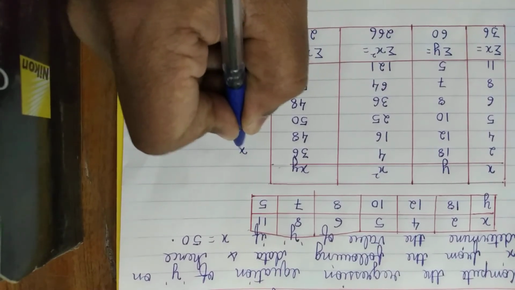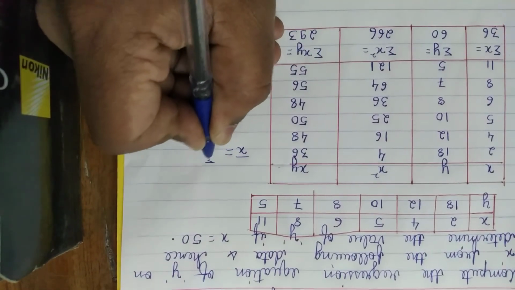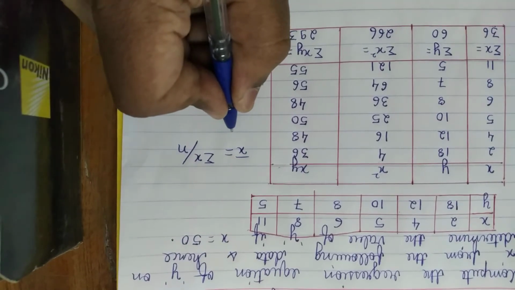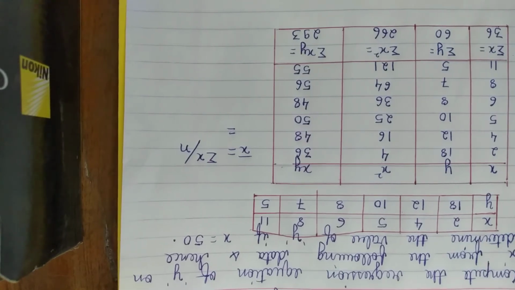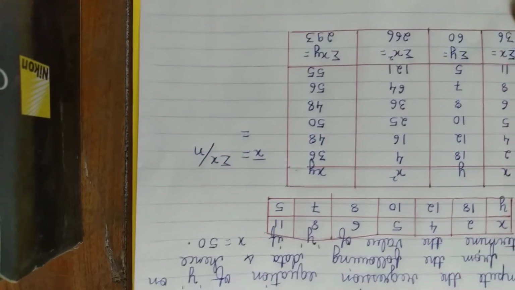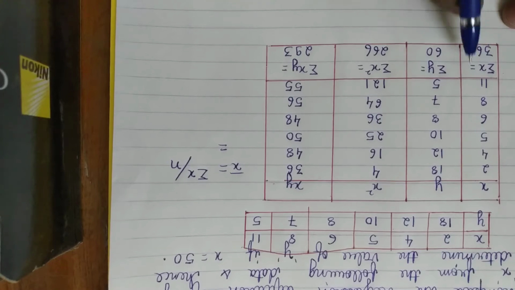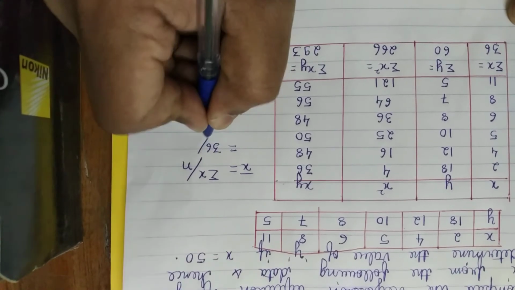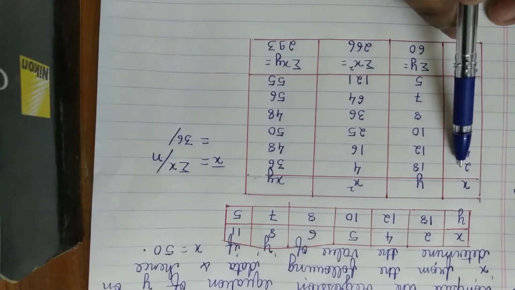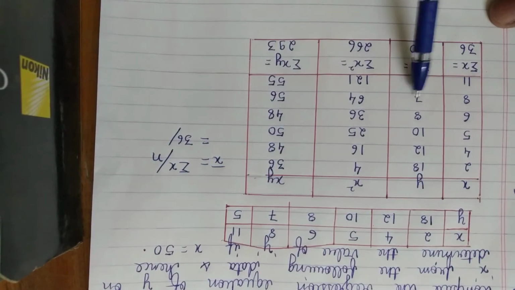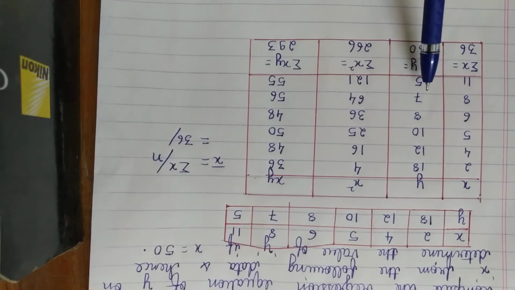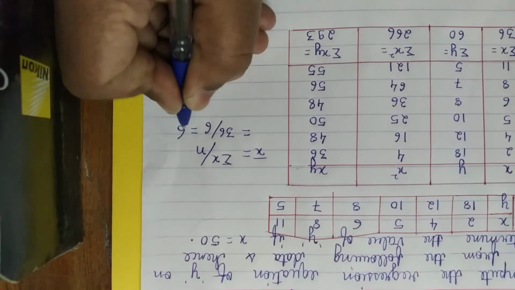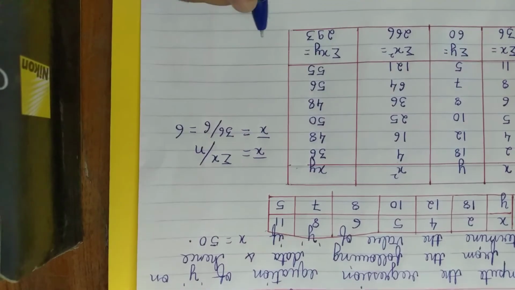So x bar equal to summation x upon n, which is equal to 36 upon, what is n? How many pairs of values do we have? 1 2 3 4 5 6. So 6 pairs of values. So 36 divided by 6, which is equal to 6. So x bar is 6.